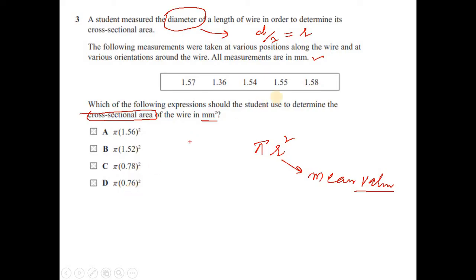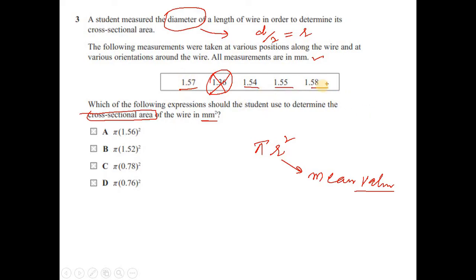If you see the data set, there is an anomalous result, which is 1.36. If you have an anomalous result, you discard it and don't include it in your calculation. So find the mean of these four numbers.